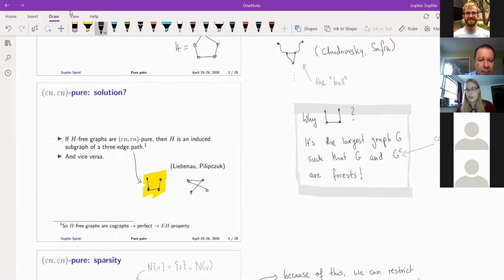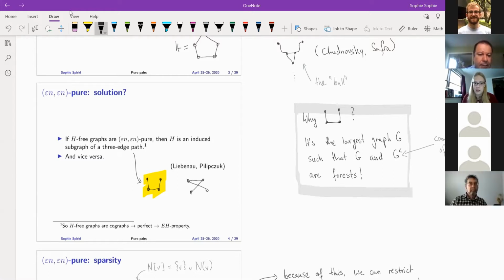And every graph such that it and its complement are forests is an induced subgraph of this little 3-edge path. So we can see that the 3-edge path works for Erdős–Hajnal more easily. Because in fact, when you exclude it, you get perfect graphs, and in perfect graphs, you always have a clique or stable set of size root n.